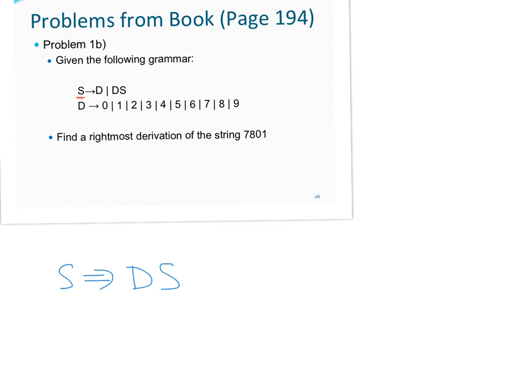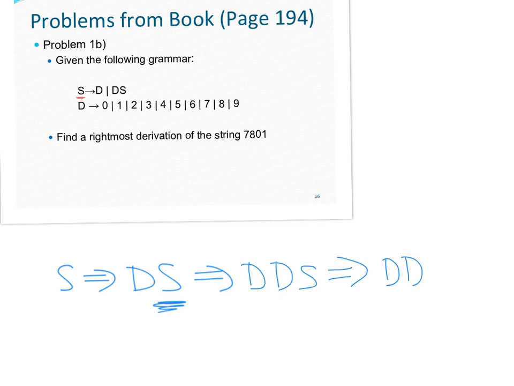Now, because we're trying to do a rightmost derivation, we need to expand the rightmost non-terminal first. So that means we're going to have it go to D followed by DS. And we'll repeat this a couple more times. We'll take those DDs and expand that S to a DS, right?